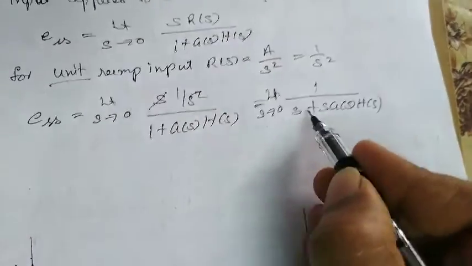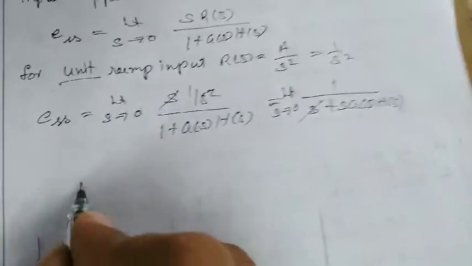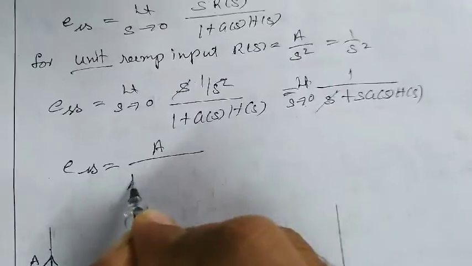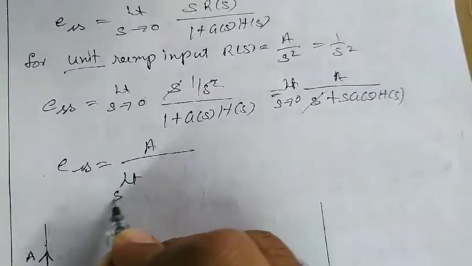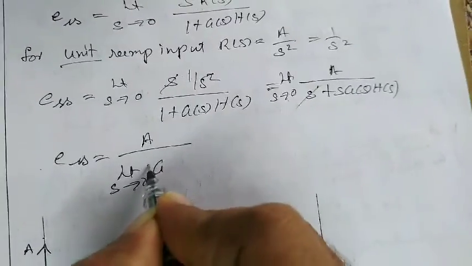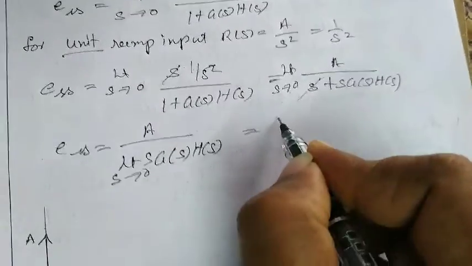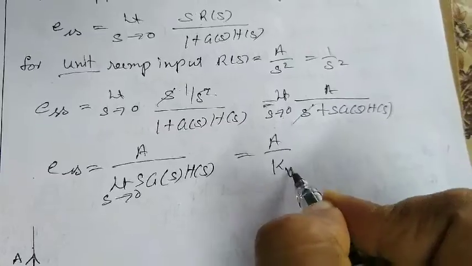Since s tends to 0, this term will go to 0, and the final ESS will be A by limit s tends to 0 of s into G(s)H(s).